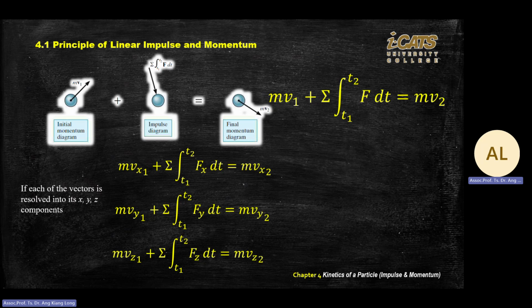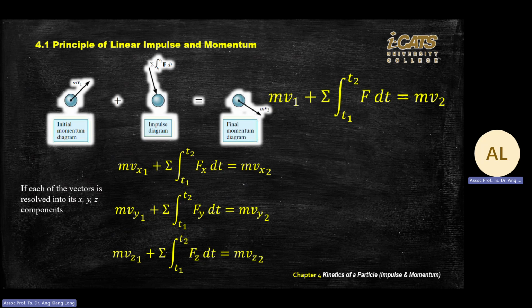But usually for this module, I only test you on two axes, x and y, or if the question is a bit easier, I give you three directions. Normally I just stop at x and y. What is different here is you use subscripts x1, y1, z1 to represent the x, y, and z directions.